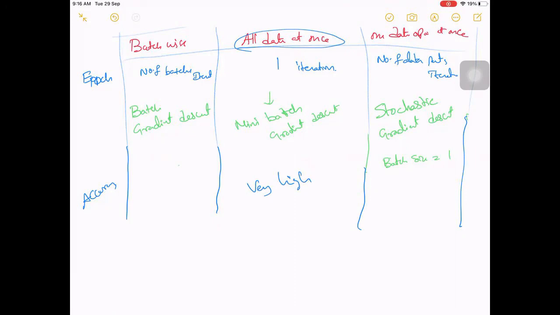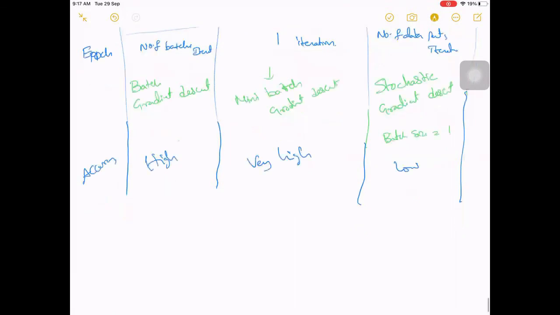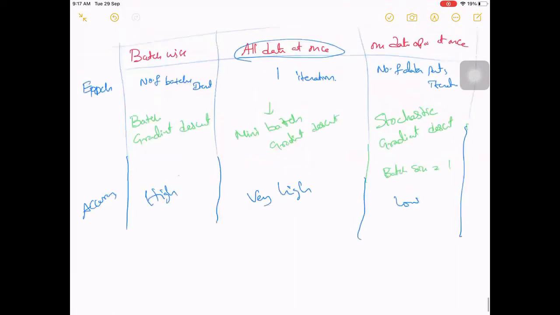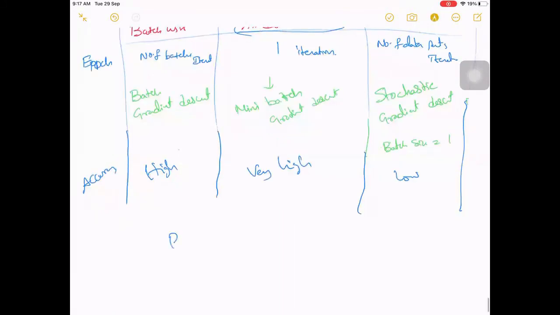But still, your accuracy will be good. But if you send one data point at a time, your accuracy will be comparatively slightly low. One more thing we can do is increase the batch size. Wow, what am I writing here?